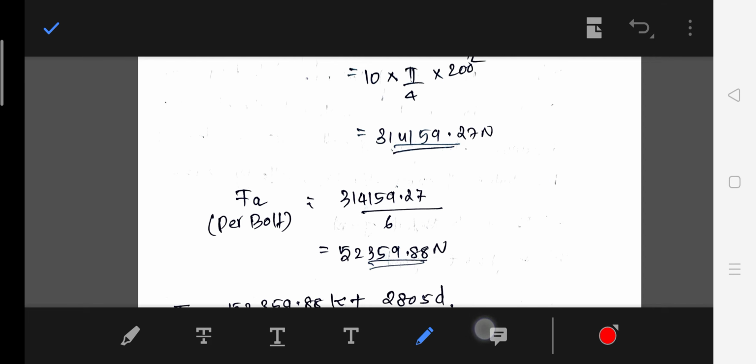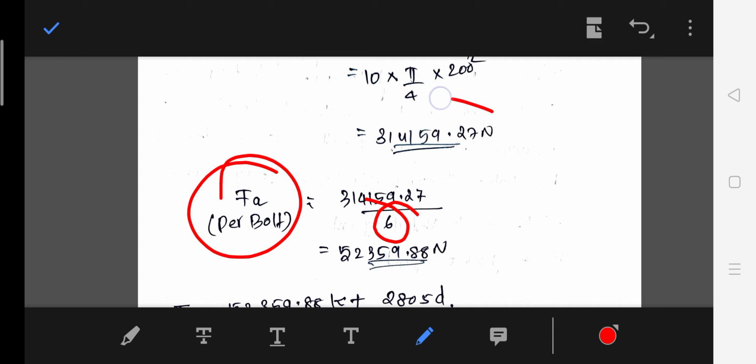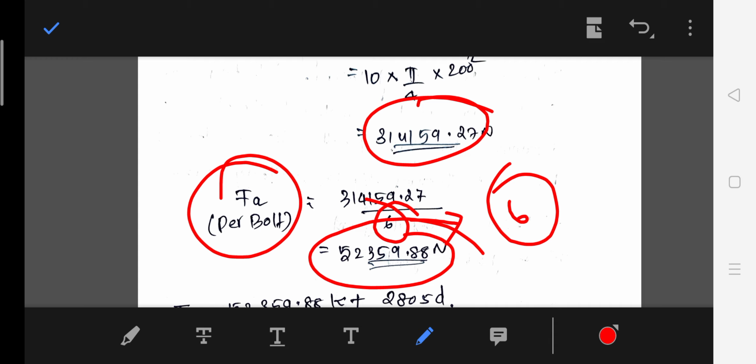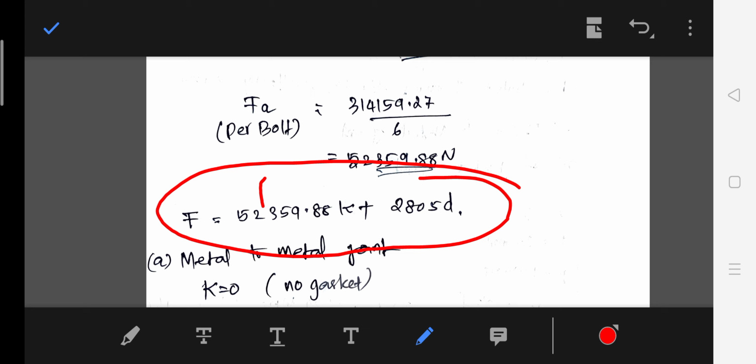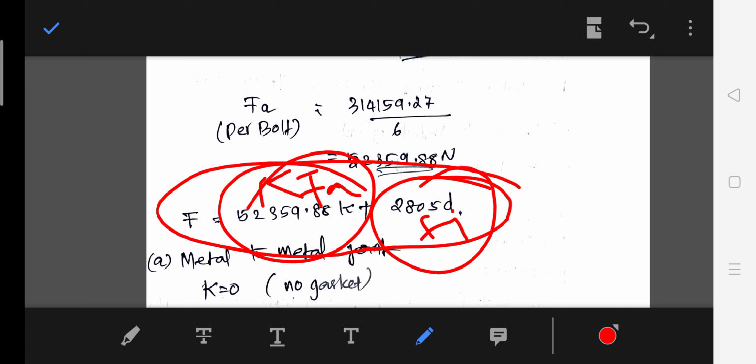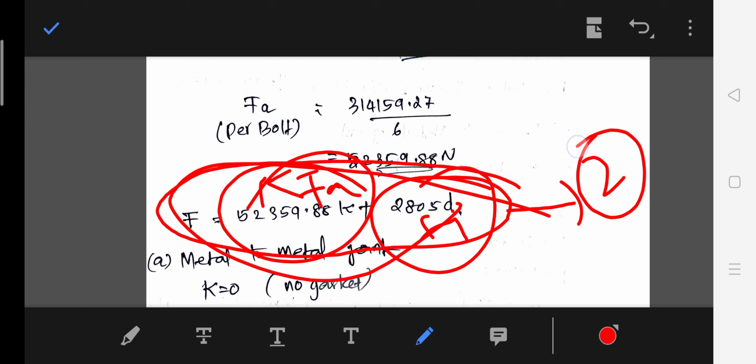The number of bolts is 6, so the external force per bolt is the total force divided by the number of bolts, 6. So we get Fa. Then F is equal to K Fa plus Fi. Fi is known, Fa is known, so we can find F. This is equation number 2.